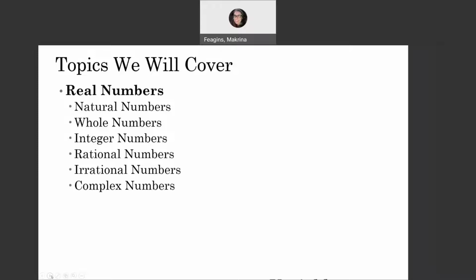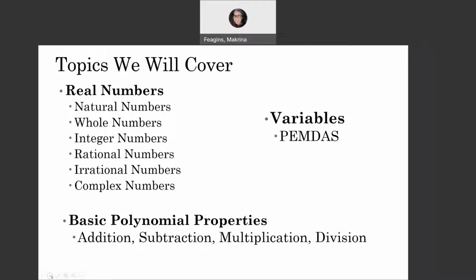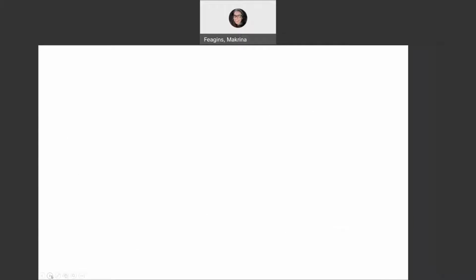And usually by now, those of you that took Algebra 1 and 2 in high school are probably starting to have some flashbacks, remembering your algebra teacher in high school. We'll talk about PEMDAS, the very popular acronym to help us with variables. And we'll go over the basic polynomial properties for addition, subtraction, multiplication, division. We'll definitely need them for when we work with equations.